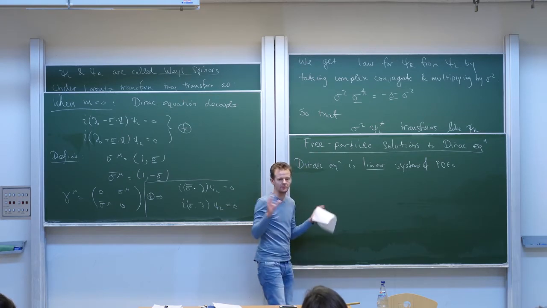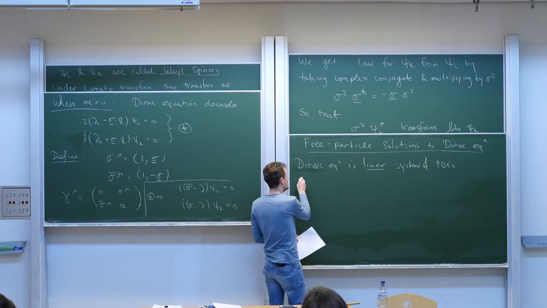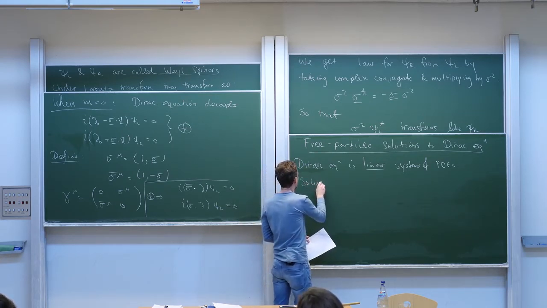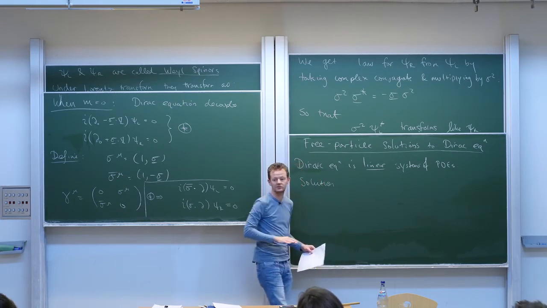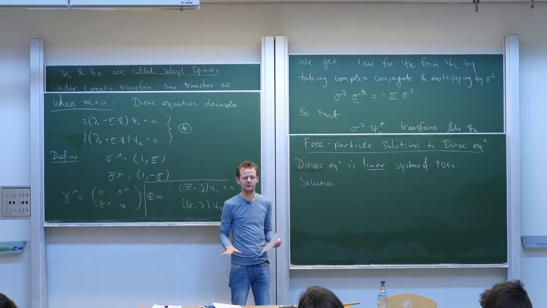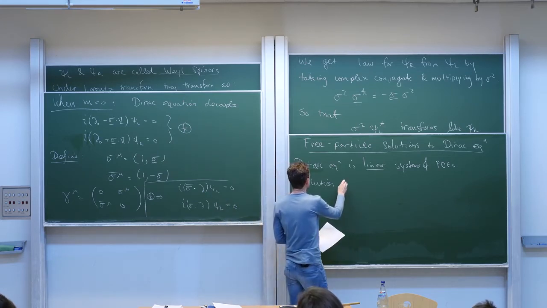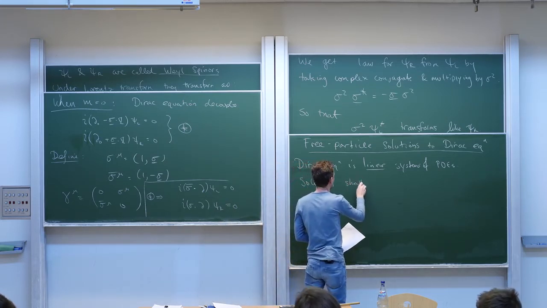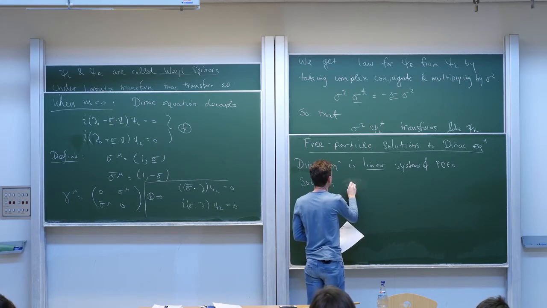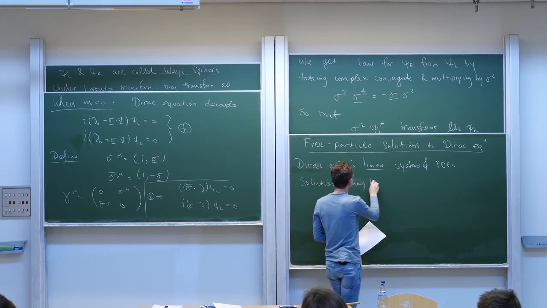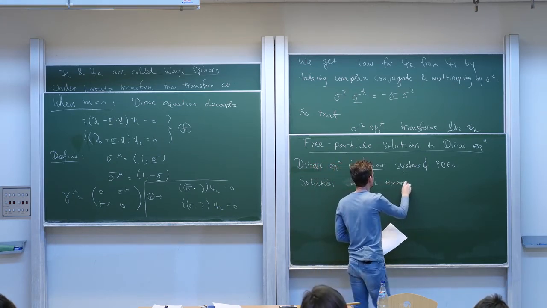So Fourier theory should tell you, at least in the absence of sources. So if you have any sources, then we have to use Green's function methods. But in the absence of sources, the solution may be expressed in terms of plane waves.